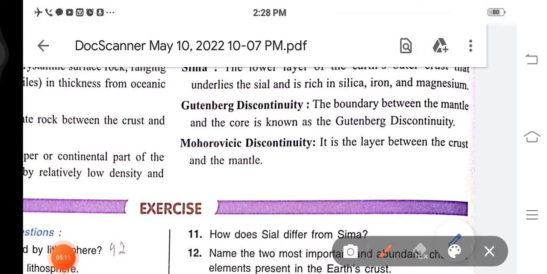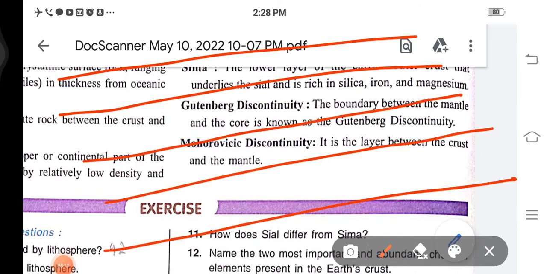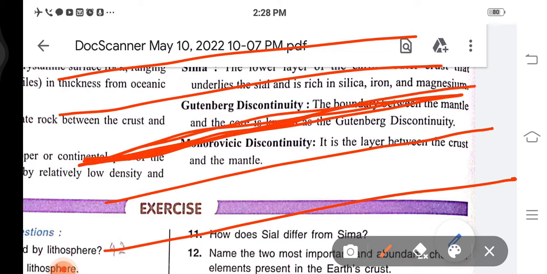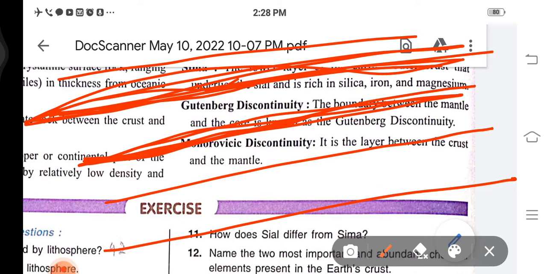Here I am going to draw it again. This is the crust, this is the mantle, this is the outer core, this is the inner core. So between the mantle and the core, this part is called the Gutenberg discontinuity. And what is the Mohorovicic discontinuity? It is a layer between the crust and the mantle, this part. So this is the Mohorovicic discontinuity, and this is the Gutenberg one.